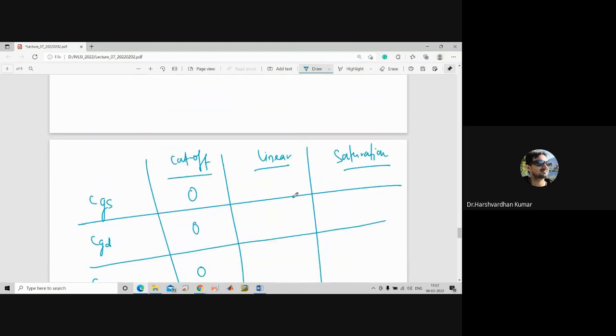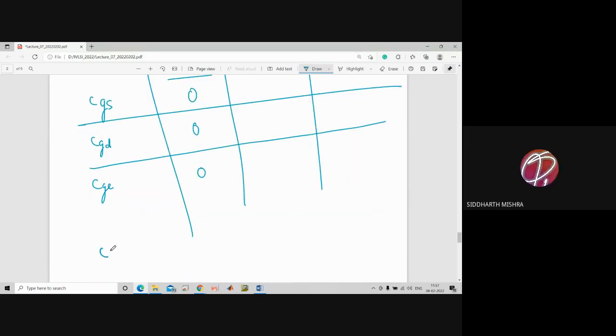Now linear. In case of linear, what is the formula? CGS is Cox into W into L divided by 2, if you remember. Because under linear, the channel is symmetric. The length of the channel is uniform. So what is the formula to calculate the Cox?